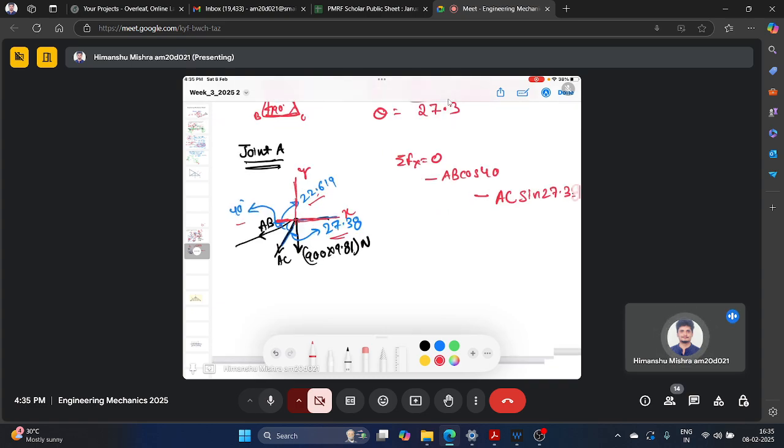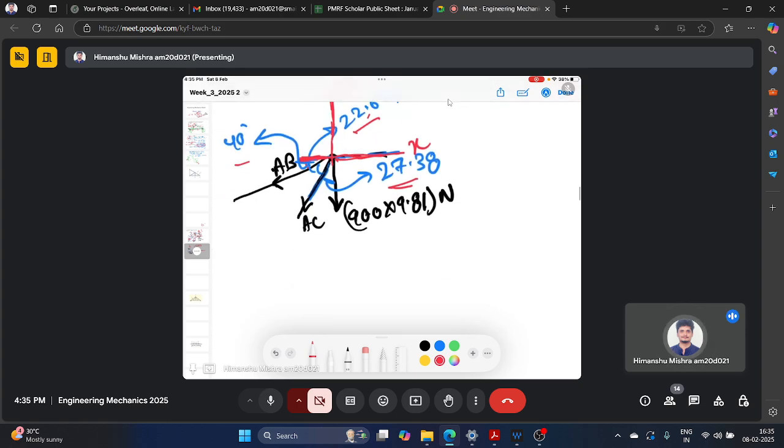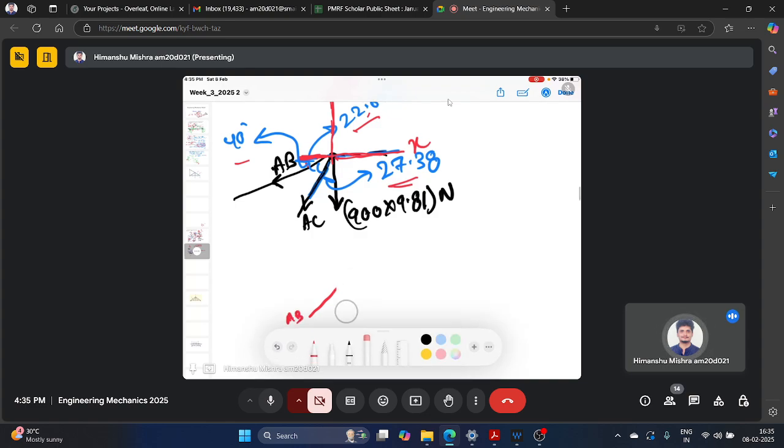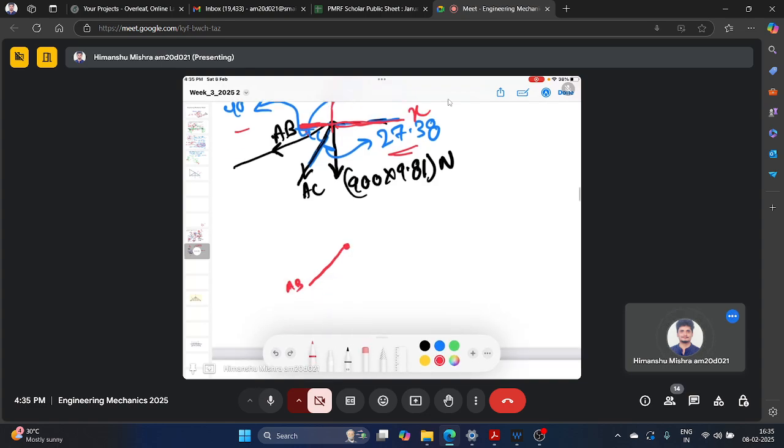Let me magnify this image. Let me again draw. This is your AB, and this is, sorry, this is your AC. Sorry, let's say this is our AB, this is our AC. So as of now, I consider this angle, which is 27.38, right?